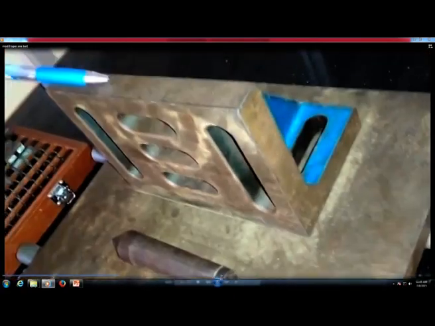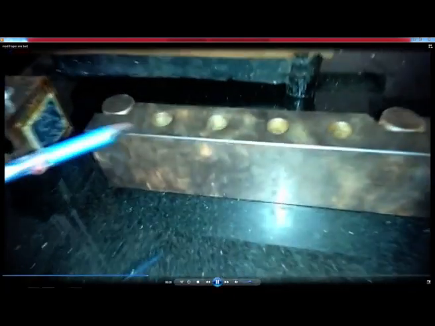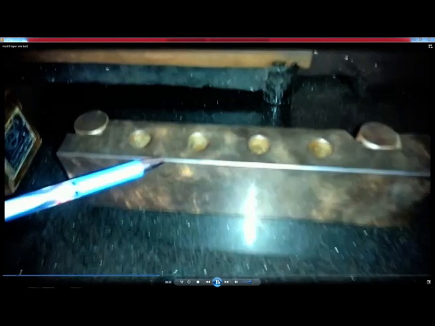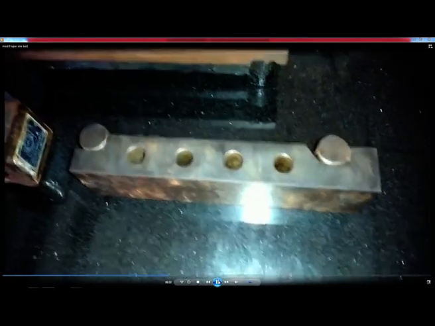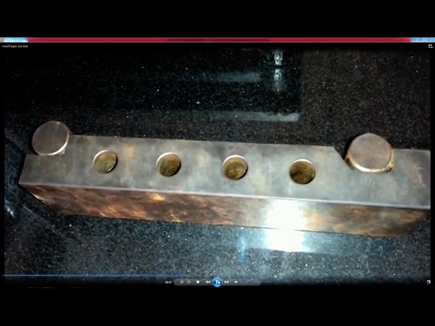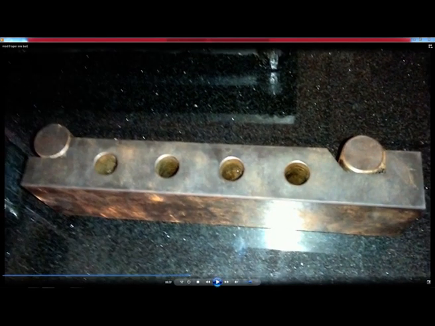Angle plate, the top surface of this is the top surface of the sine bar, and this is the side surface of the sine bar. You can see the relief holes.